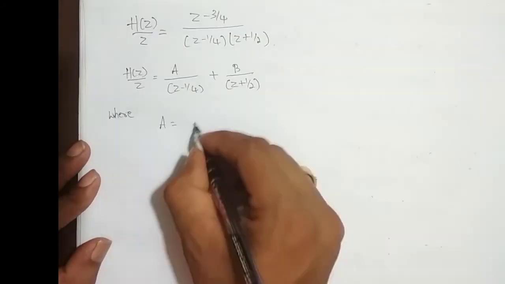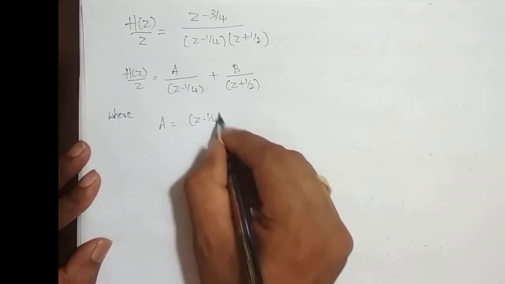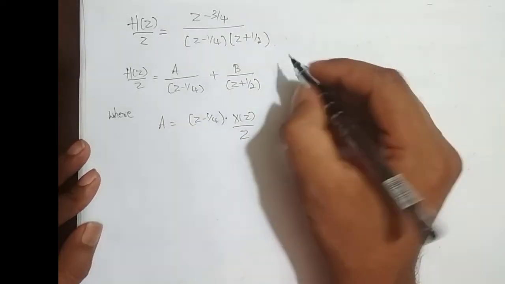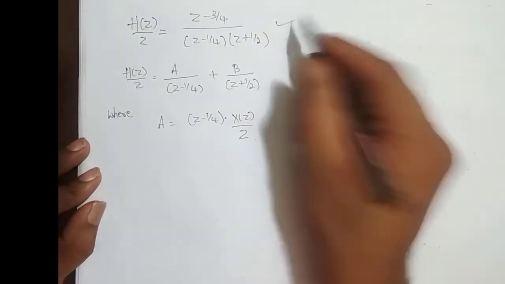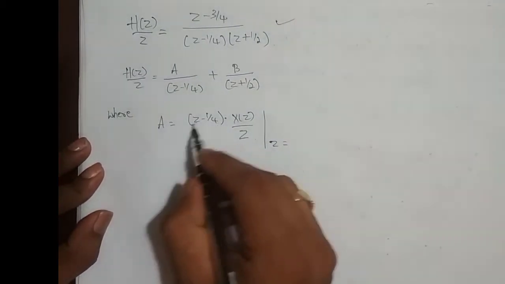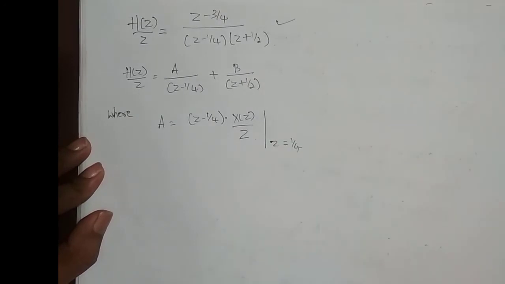A is z minus 1 by 4 into h of z by z, evaluated at the value of z where this goes to 0, which is 1 by 4.